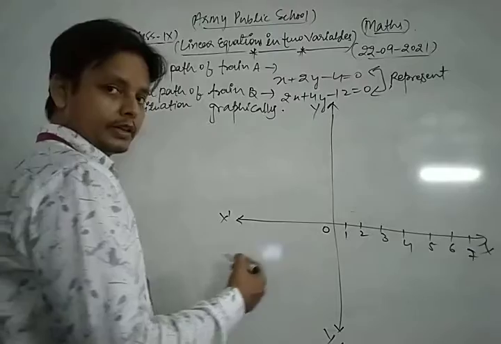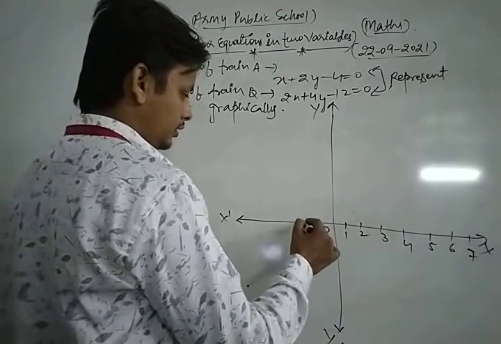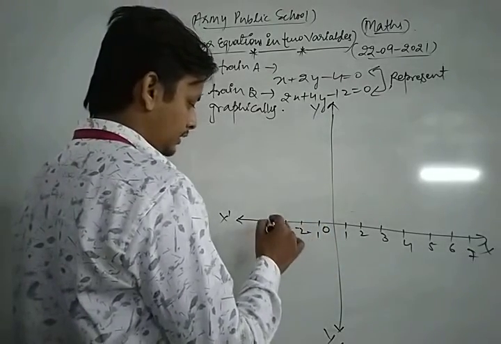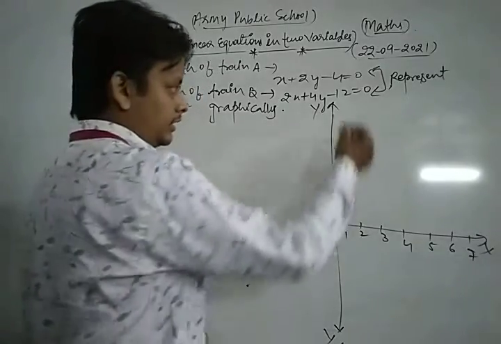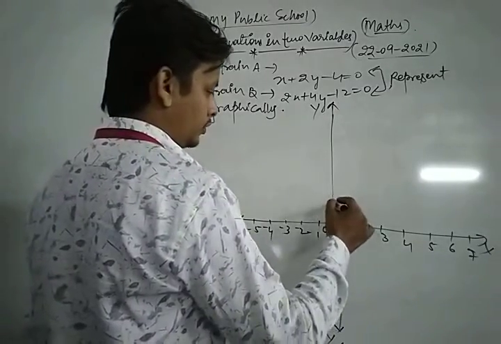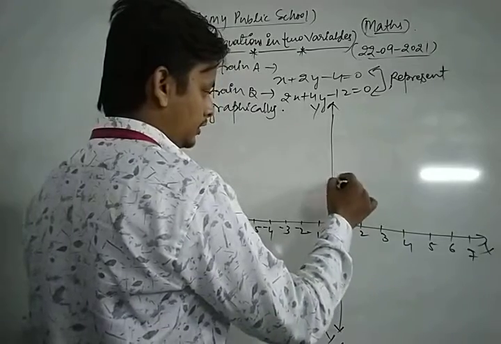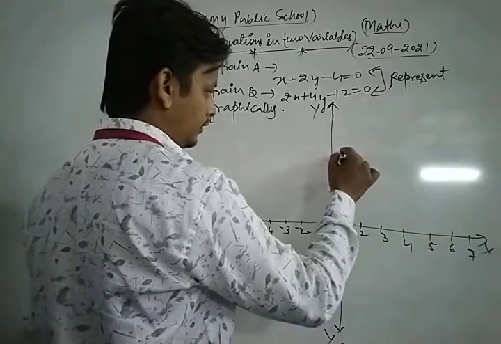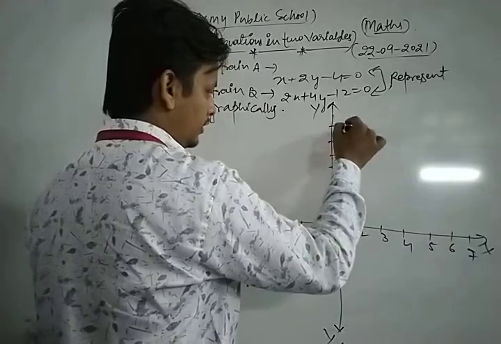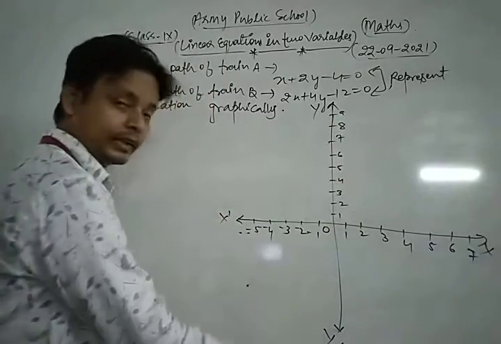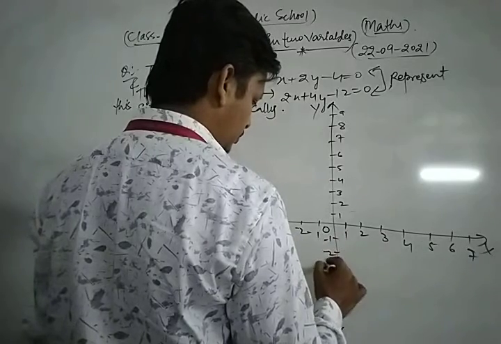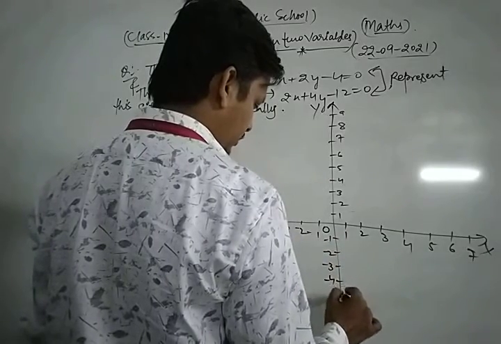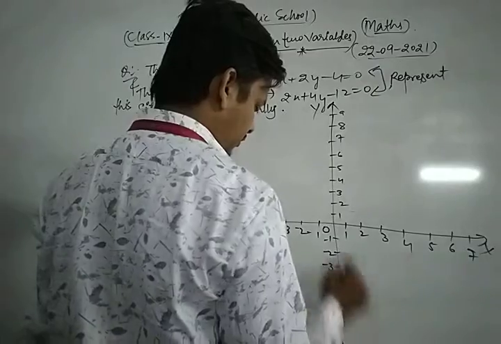This is the negative of x: -1 -2 -3 -4 -5 and so on. This is the positive of y: +1 +2 +3 up to 9, and this is the negative of y: -1 -2 -3 -4 -5 -6.